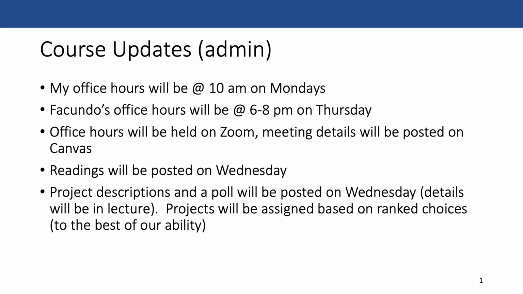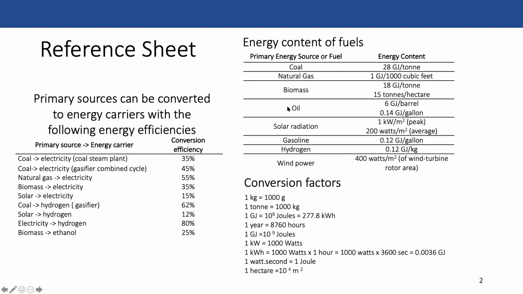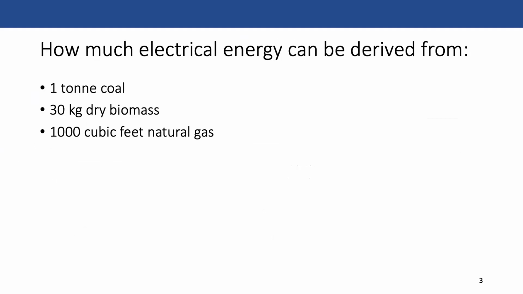Okay, so let's go ahead and get started. We'll pick up where we left off last time. So real quick, this is the reference sheet that I showed for unit conversions, some efficiencies, and to look at energy content. I had gone over how to derive electrical energy from the first one.